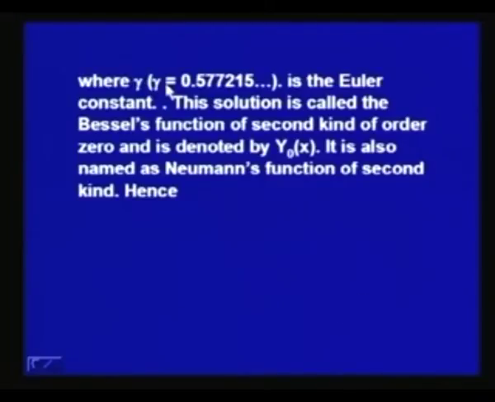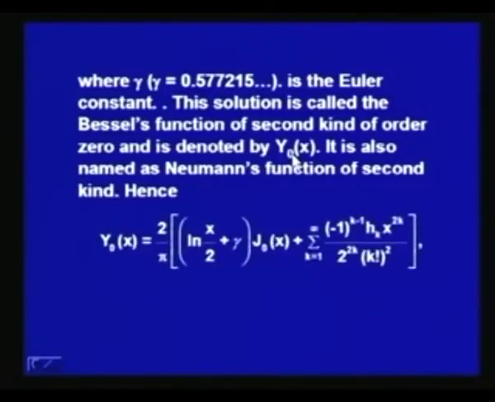Here gamma is equal to 0.577215 and so on, and is called the Euler's constant. This solution is called the Bessel's function of second kind of order 0 and is denoted by Y0(x). We also call it Neumann's function of second kind.